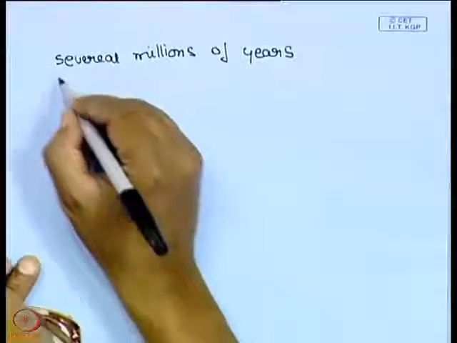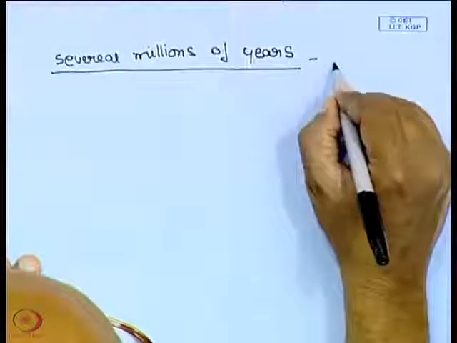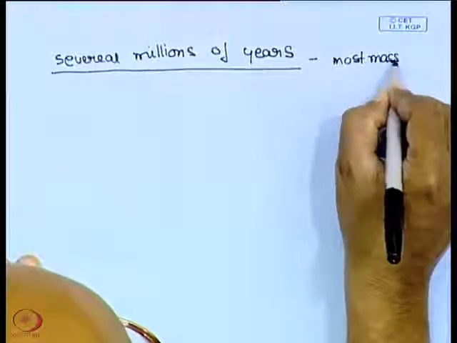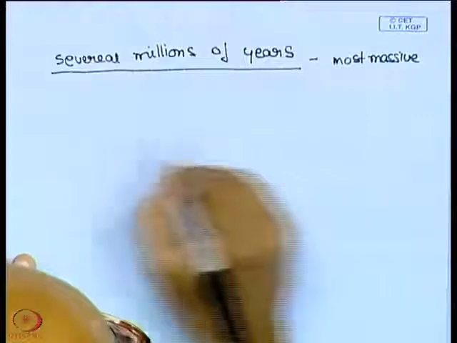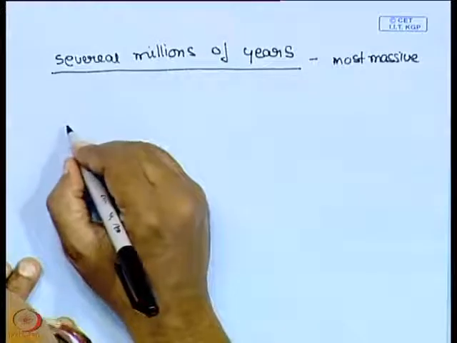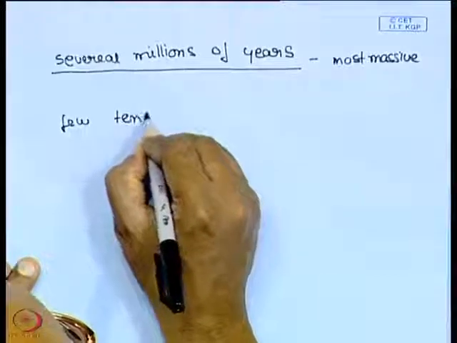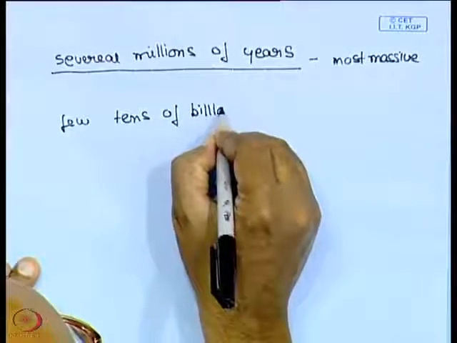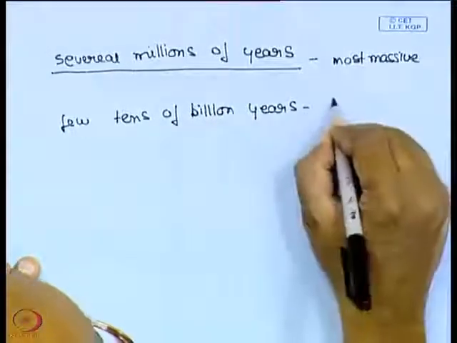These are the most massive stars. Whereas the low mass stars could spend a few tens of billions of years. These are the low mass.